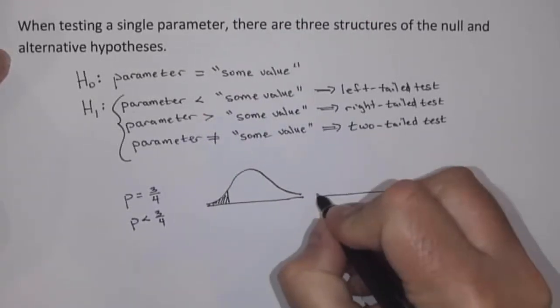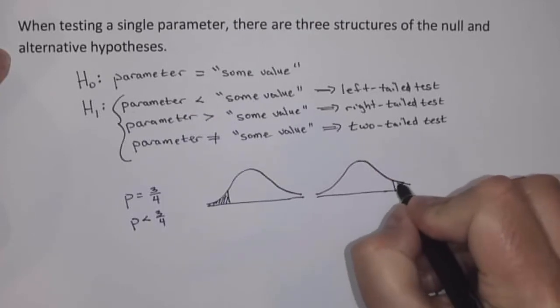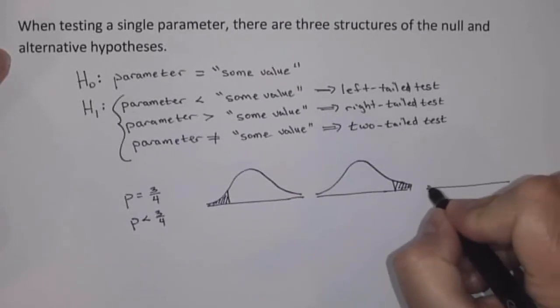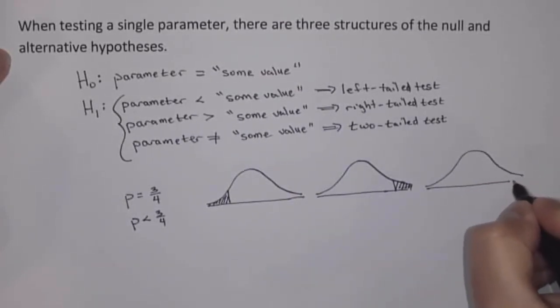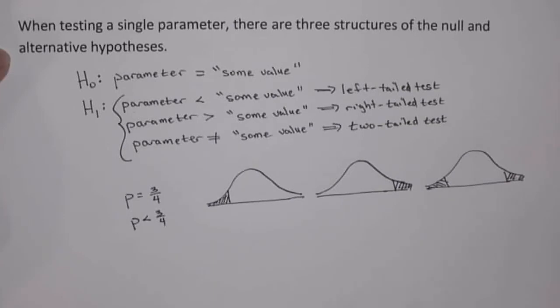If we have a right-tailed test, then we're going to be interested in what's going on in the right tail of that test. If we have a two-tailed test, then we're going to be interested in what's going on in both tails of the test.